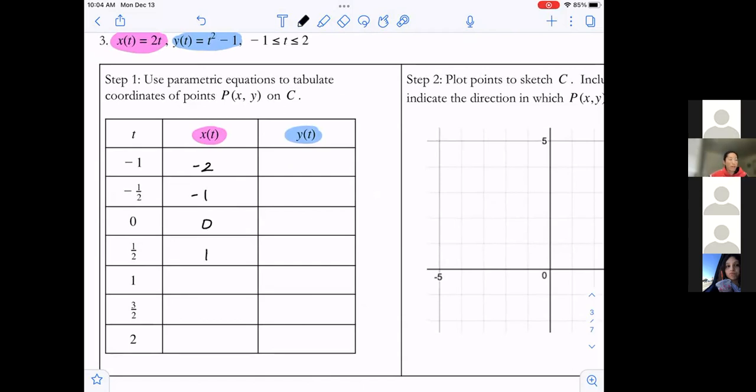I agree with those values. 2, 3, and 4. Nice teamwork.